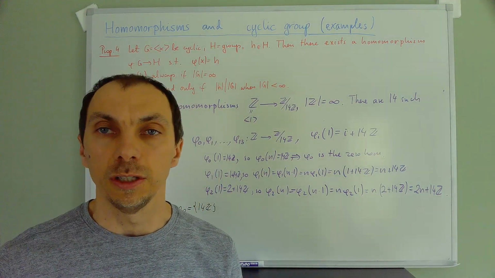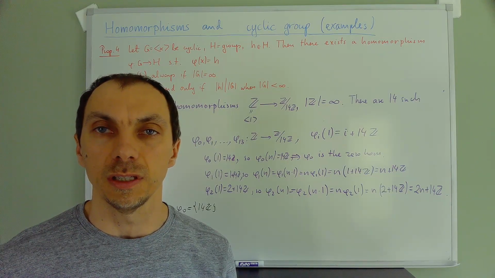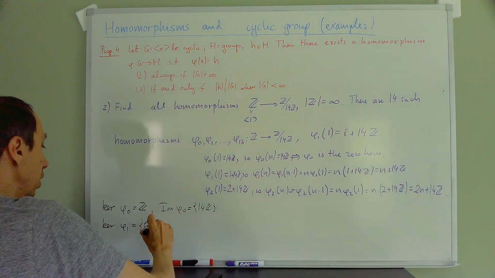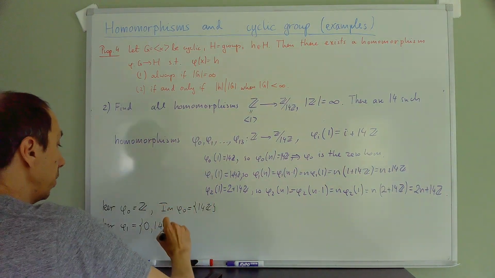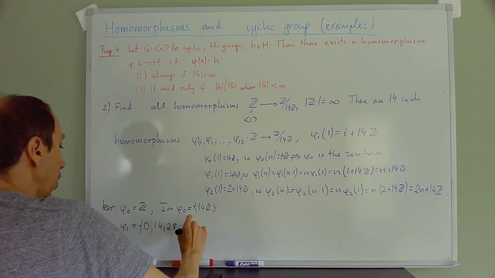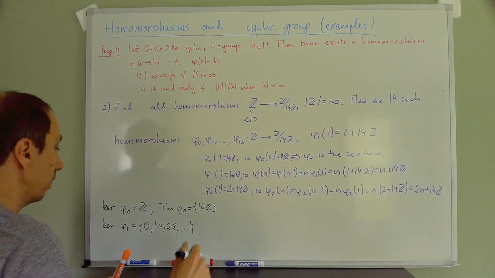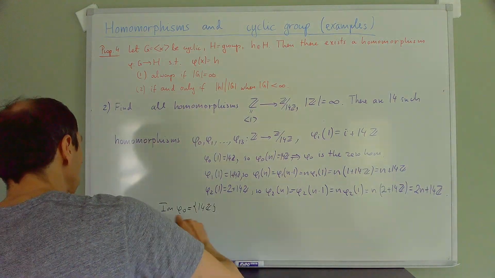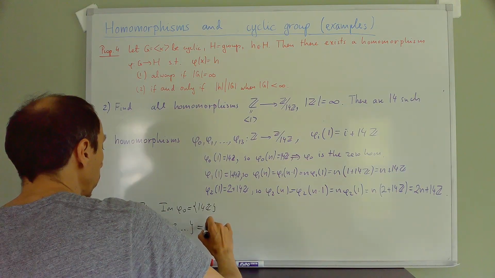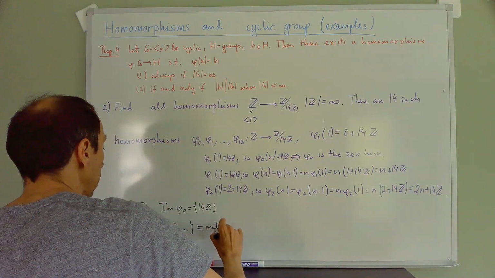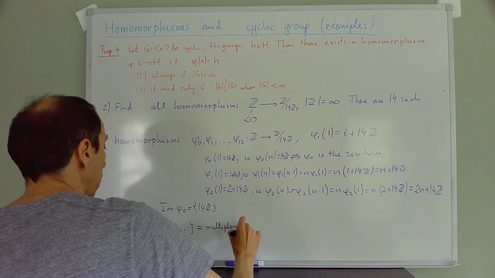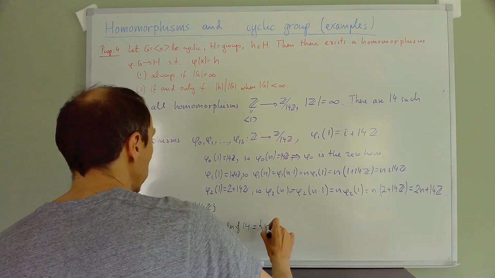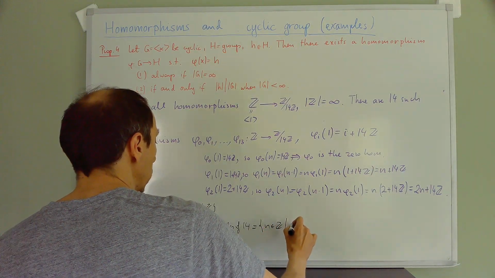Nothing between 0 and 14 is going to be mapped to 0 in Z mod 14Z, but 14 is mapped to 14 plus 14Z, so that's 0 there, so that's 14. The next element is going to be 28, and so on. In fact, there's also the negatives here, right? So also minus 14 and so on. So this actually is multiples of 14. So in other words, these are all the integers such that 14 divides them.